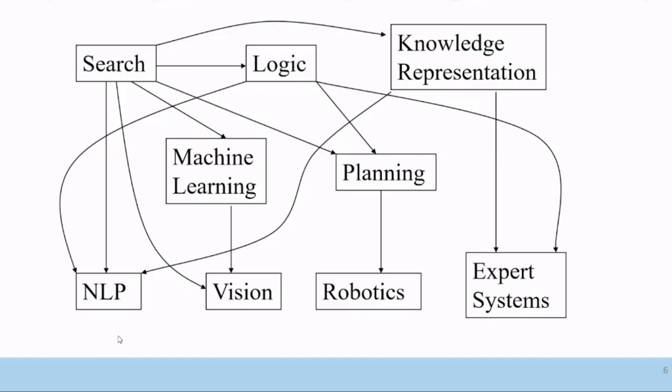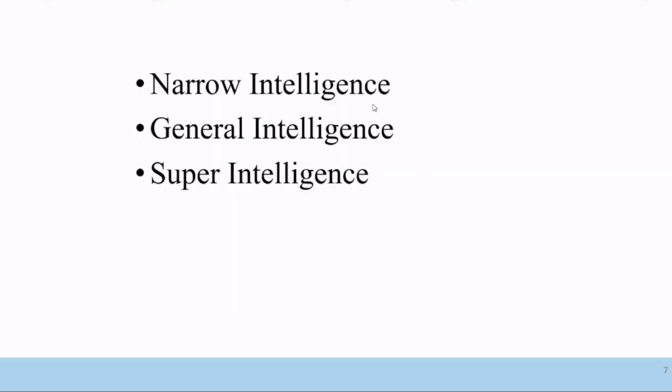Then the bottommost layers are the major applications of this AI domain, that is NLP, natural language processing, computer vision, robotics, followed by expert systems. Next, the three major categorizations of artificial intelligence: narrow, also called weak; general or strong intelligence; and super intelligence, also known as hypothetical intelligence.